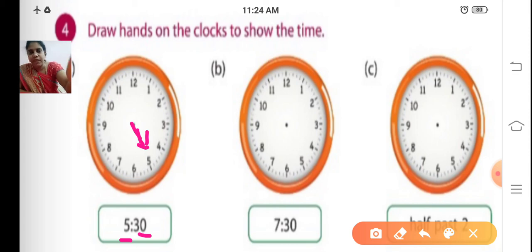And where should the minute hand be? 30 minutes: 5, 10, 15, 20, 25, 30. It should be at number 6. The minute hand should be at 6.